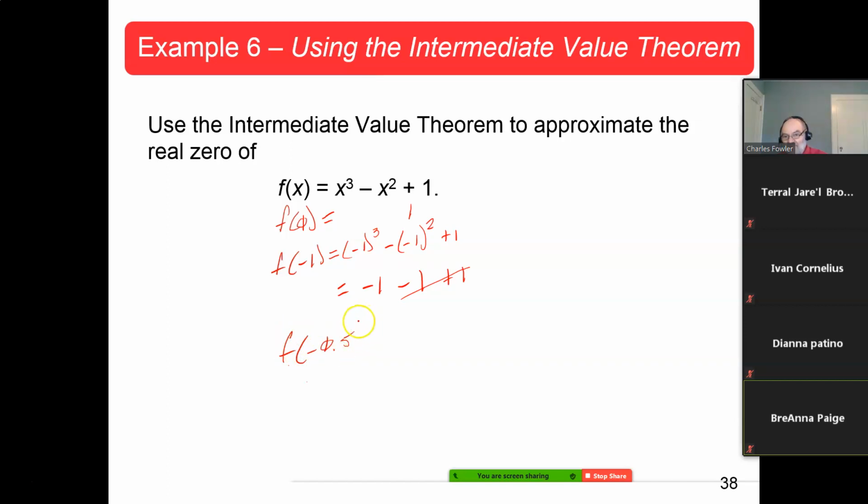So let's try f of -0.5. Let's just pick something directly in between those. So this will be -0.5 cubed minus -0.5 squared plus 1. Okay, now let me see if my calculator's back. I doubt if it is.